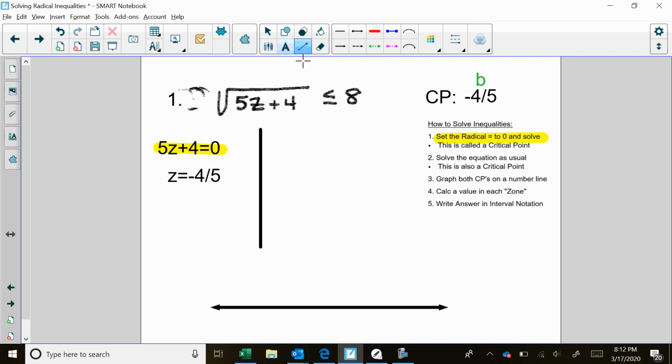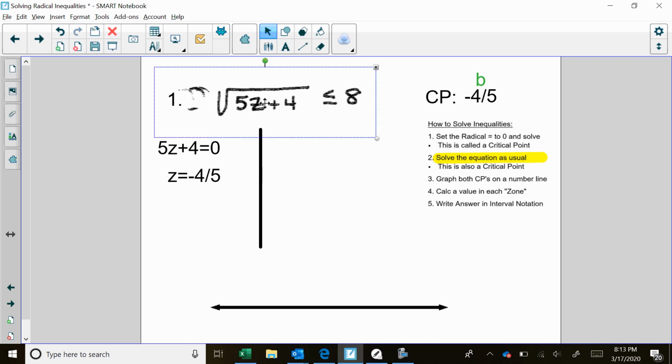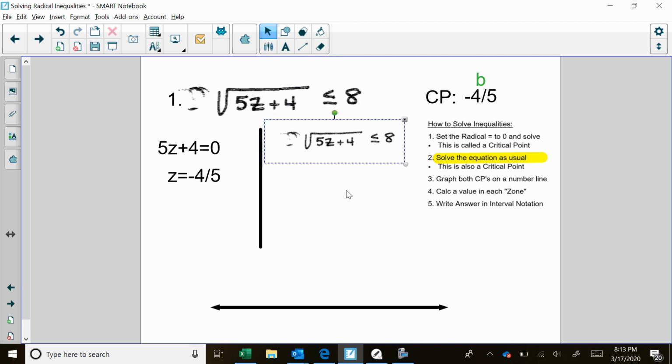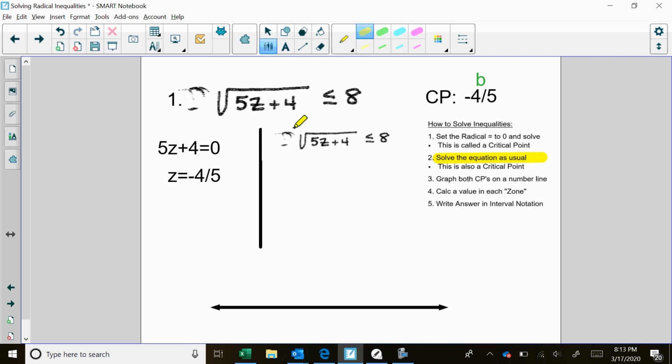Now, step two, we're going to solve the equation as usual. So yesterday's homework, you were solving square root equations. So we're going to solve this equation right here as normal. All right, so hopefully you did last night's homework, and you'll know to be able to solve this, we have to square both sides.